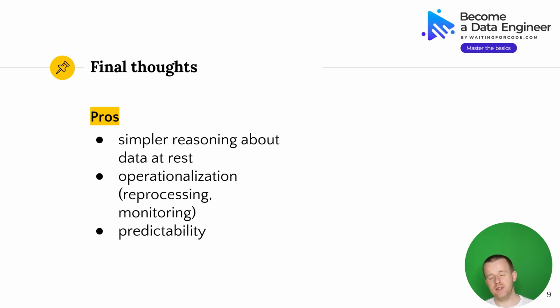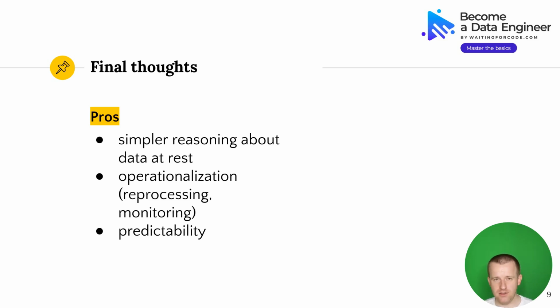So the operationalization is very often easier. Because of this data at rest specificity, you don't need to worry about a huge volume of late data coming in. You have a rather static data set, because it always depends on your business use case, but yeah, it's less dynamic than the streaming one, and it simplifies the reprocessing logic.